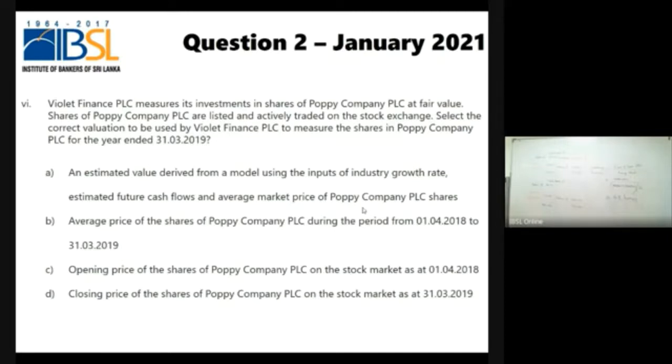Now you need to know under which category I will classify this, whether it is fair value through P&L, fair value through OCI, or amortized cost. For this purpose, you need to know the evaluation criteria.